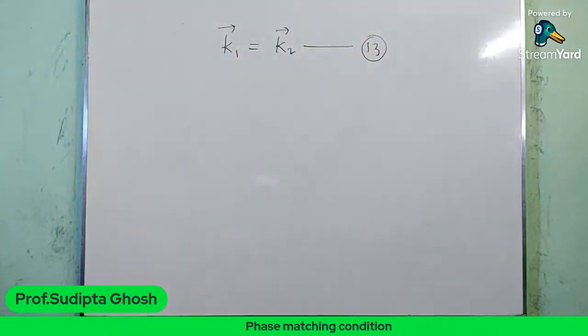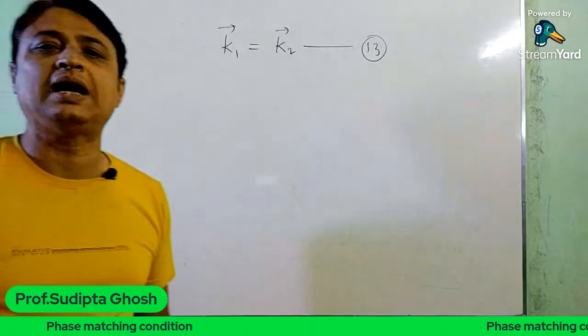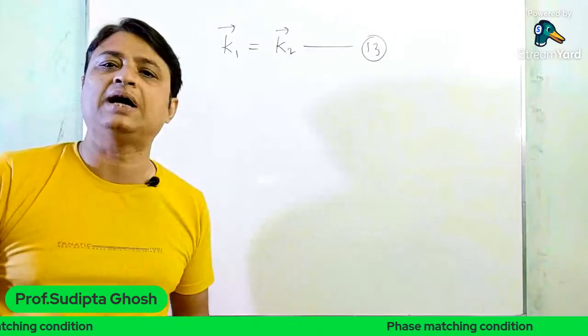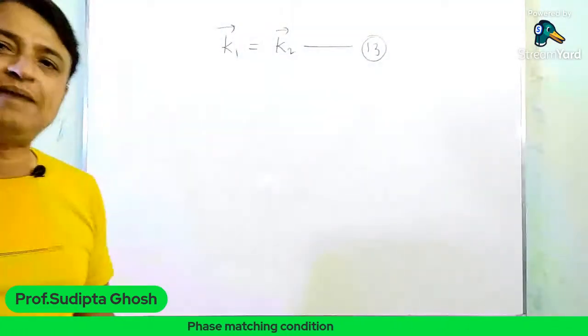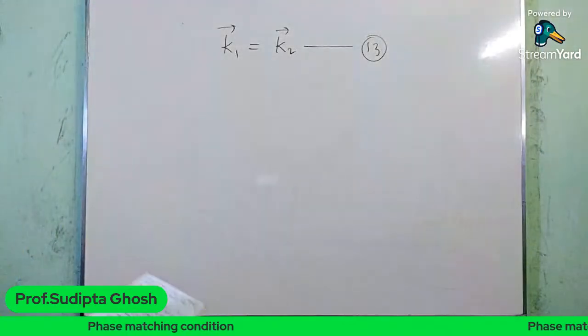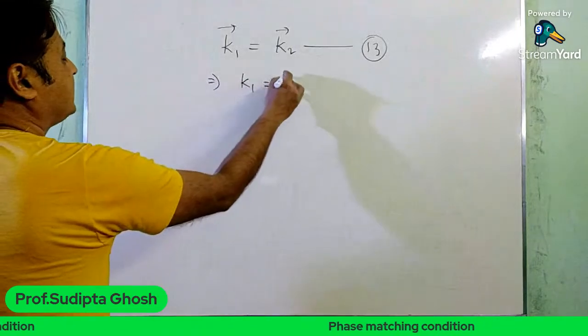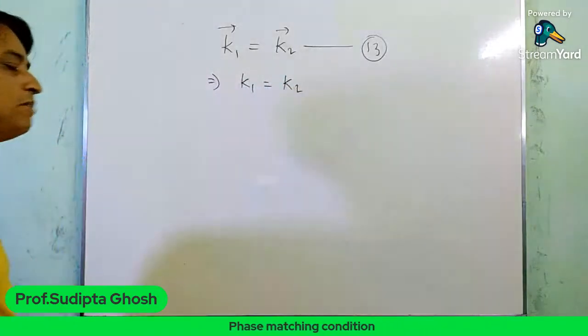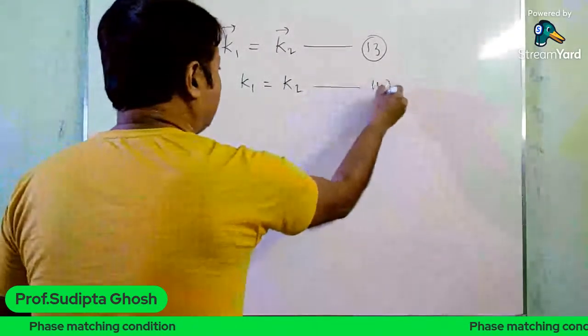So, if the direction of the input light and the second harmonic wave are the same, then we can write equation 13 in terms of the scalar values: k1 must be equal to k2, and this is equation 14.